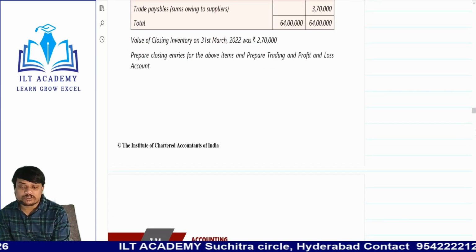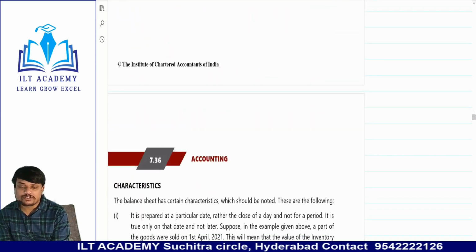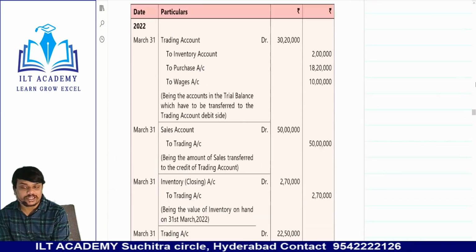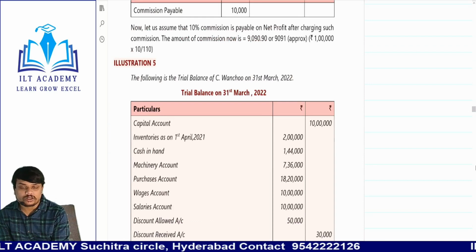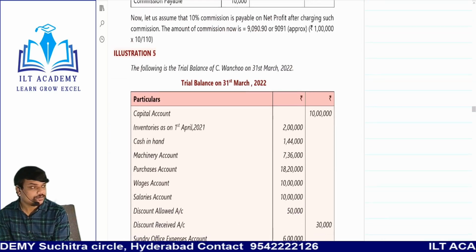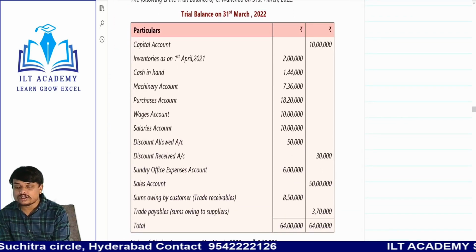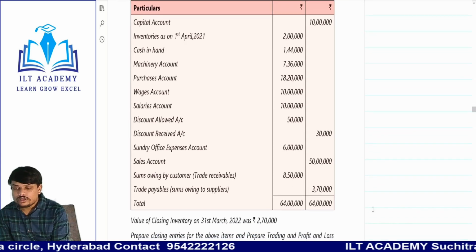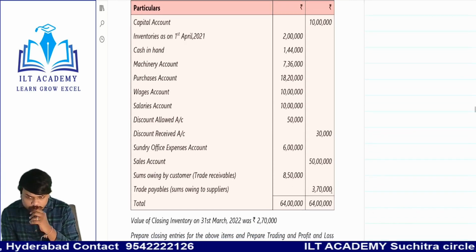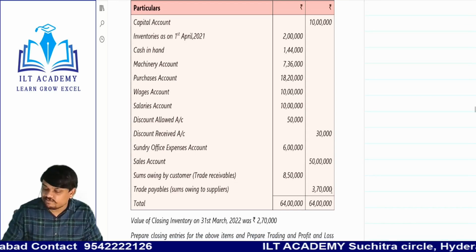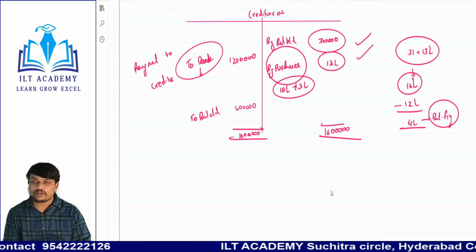So let us leave some space for closing entries and we will record first the trading account and P&L account. Later it will be very easy to record all the closing entries. Okay, on OneNote we can do. Done with this one?